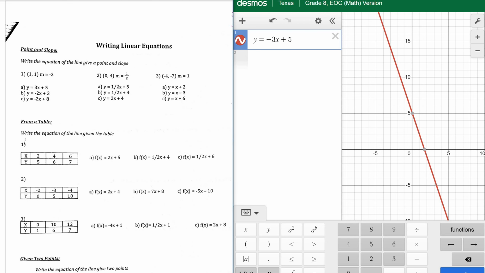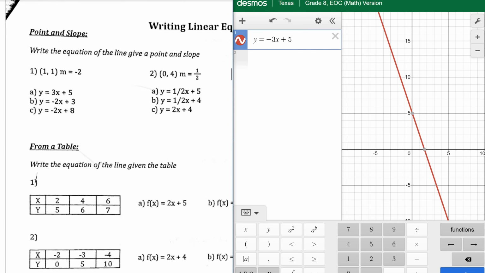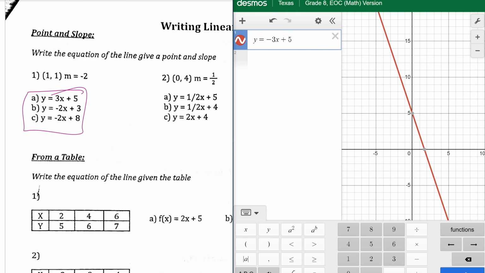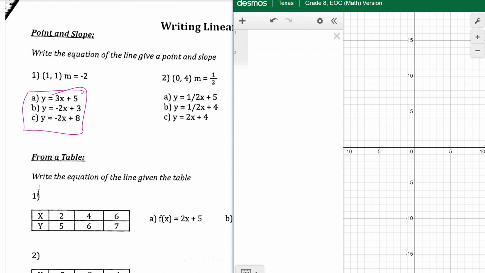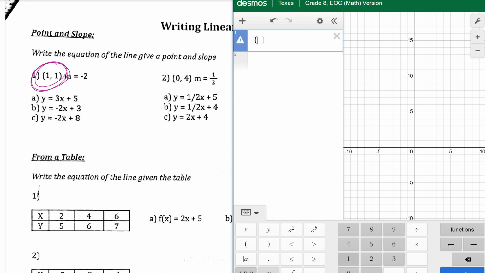We are doing point and slope. Well, once again, we see we have multiple choice answers. We're going to use Desmos as a help for us. We can type, first of all, since it's wanting us to see if the point is on the line, we can type the point, parentheses, 1, comma, 1.